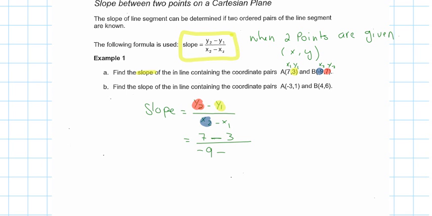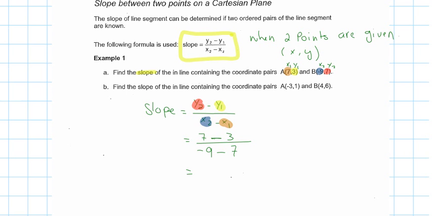It's 7. So I'm going to replace x1 with 7. Okay? So label your points first, x1, y1, x2, y2. Then replace the values in the corresponding letter. Now I have to do the math.